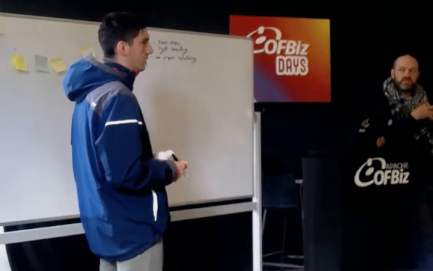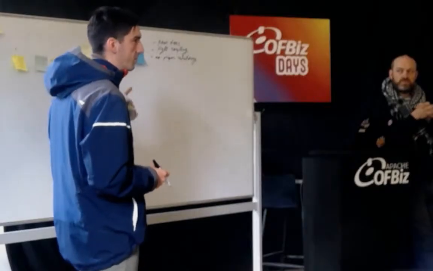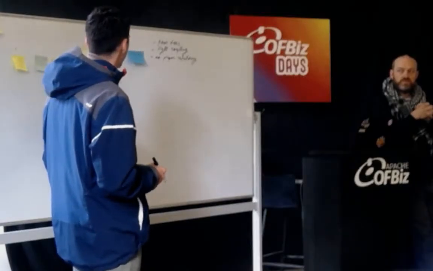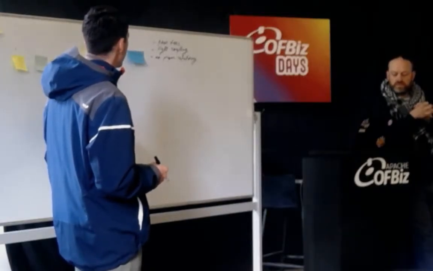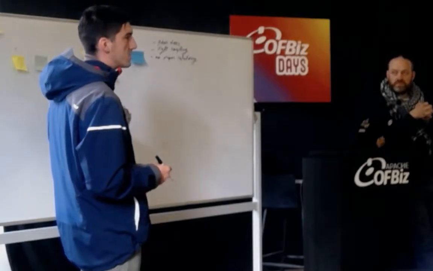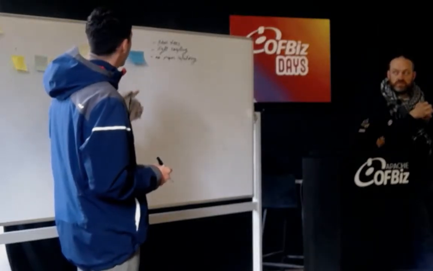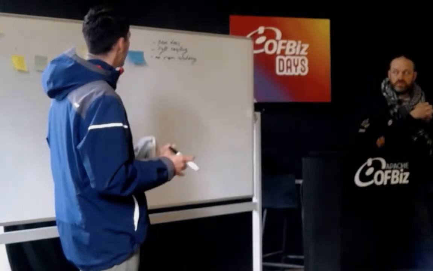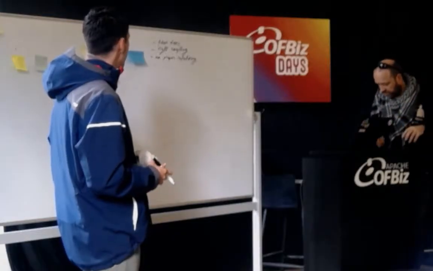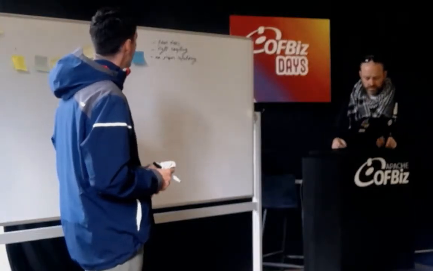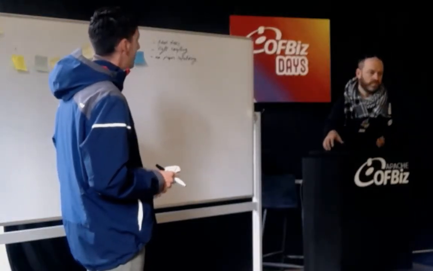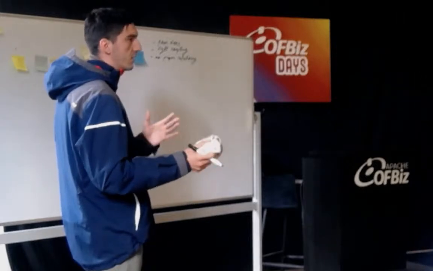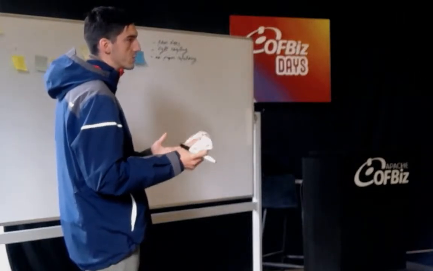Okay, so then the question is, what is the common theme between all of these problems? As far as I see it, the main issue is that it's hard to understand. The poor docs, it's hard to understand because you have poor docs. Tight coupling, it's hard to understand how services work with each other.